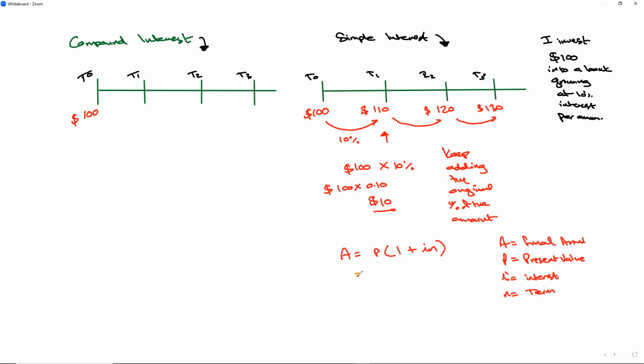So if I substitute over here 100 for P, because that's my value here, I want to find out what A is, and I know that I is 10%, which is the same as 10 over 100. So I change this into a decimal to make it 0.1. And my term is the total number of years, and I got 3 years here. So I put 3 in here.